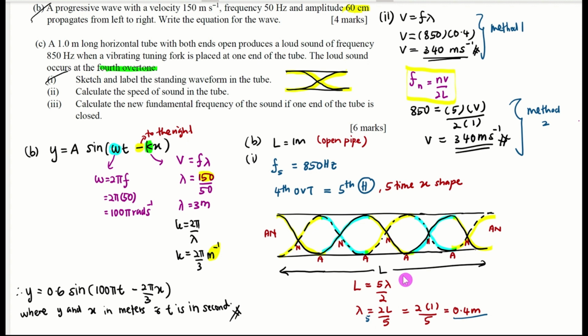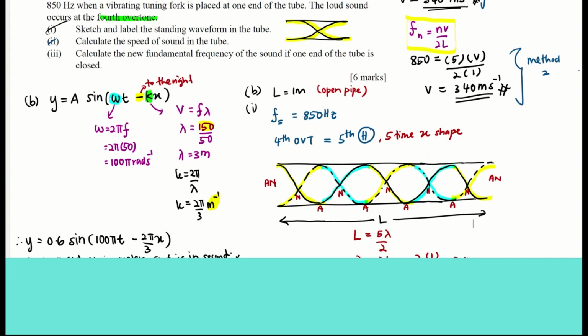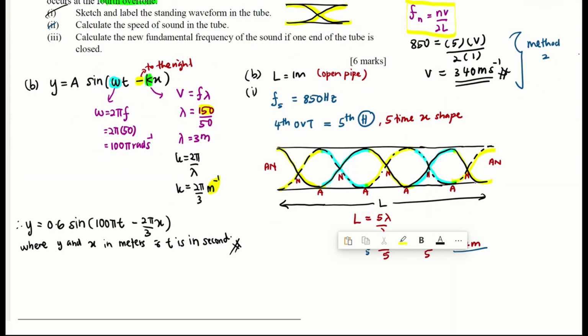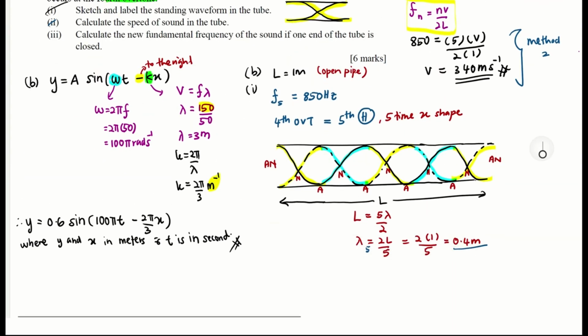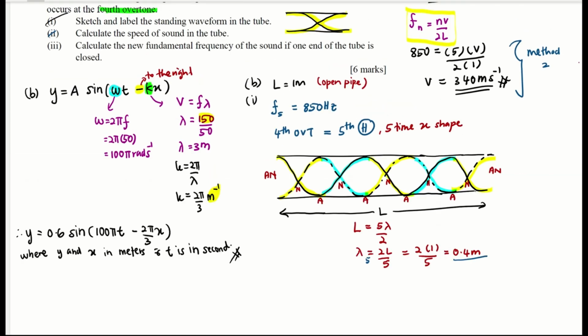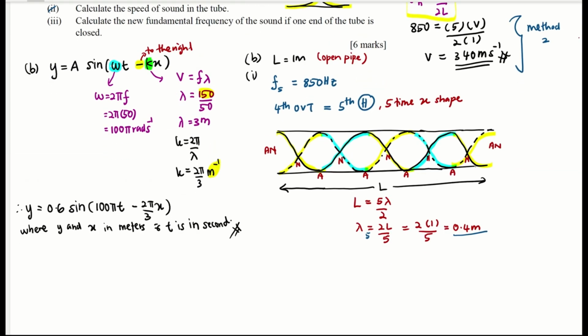Okay. And then the last one, calculate the new fundamental frequency of the sound if one end of the tube is closed. Okay, so maknanya dia masih pipe yang sama. Cumanya kali ni dia kata kalaulah dia jadikan open pipe tadi sebagai closed pipe.